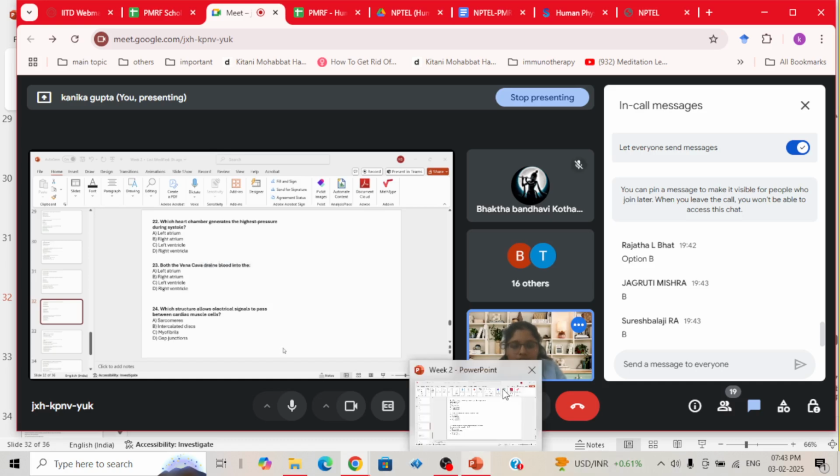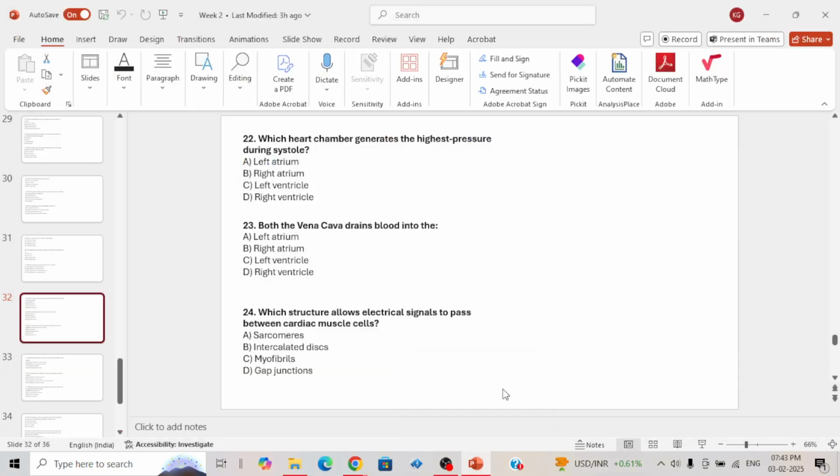Okay, the next question is, which structure allows electrical signals to pass between cardiac muscle cells? Tell me. They are talking about the intercalated disc. What structure in the intercalated disc allows the electrical signal to pass from one cardiac muscle cell to another?